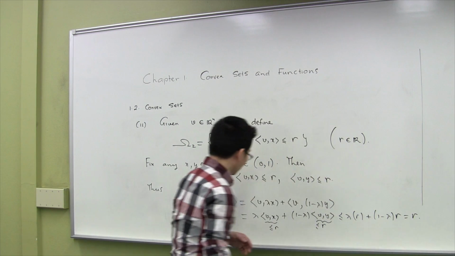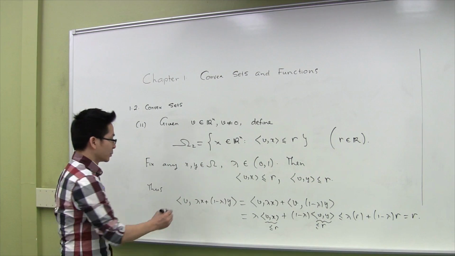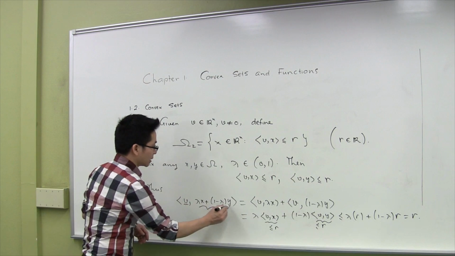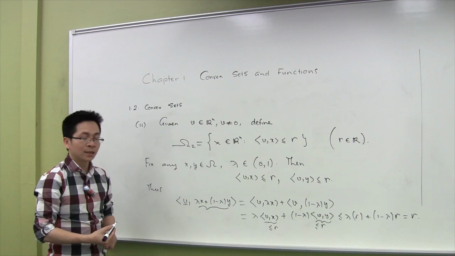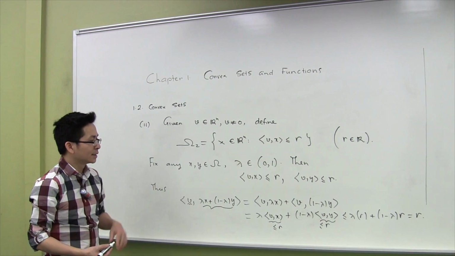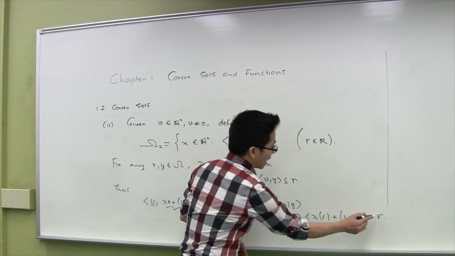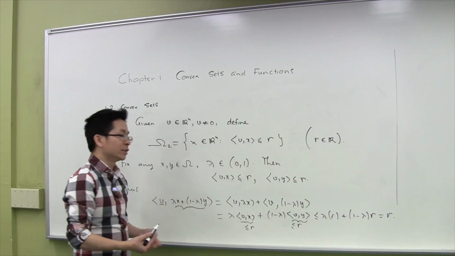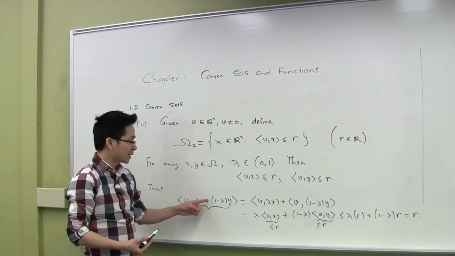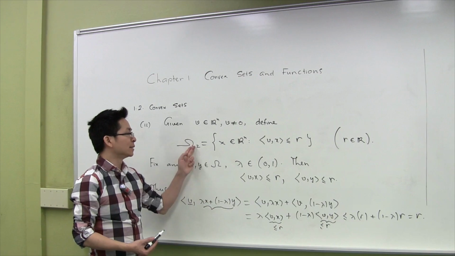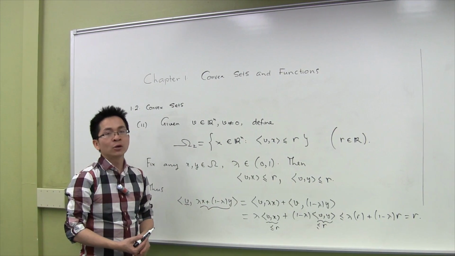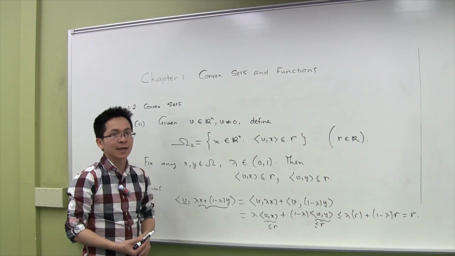So we see that the inner product of v and this element lambda x plus (1 minus lambda) y is less than or equal to r. Therefore, by the definition of omega 2, lambda x plus (1 minus lambda) y is in omega 2. Therefore, omega 2 is a convex set.